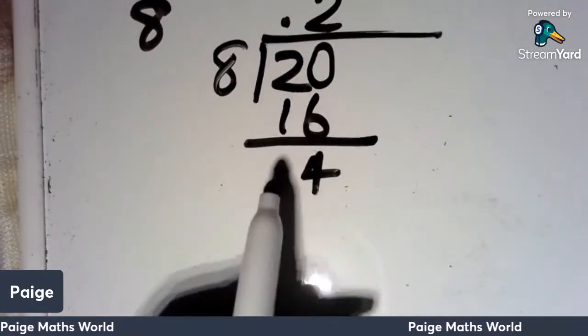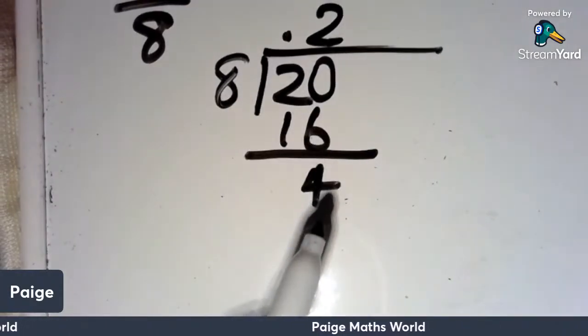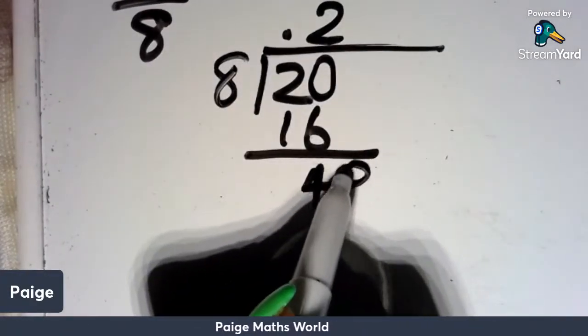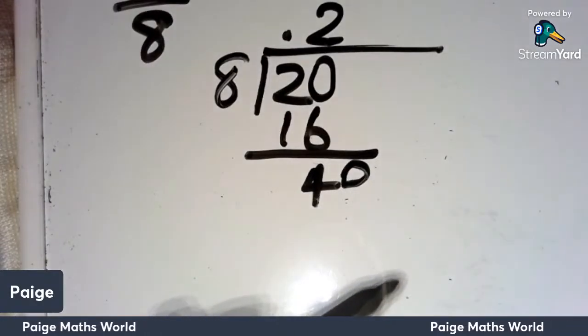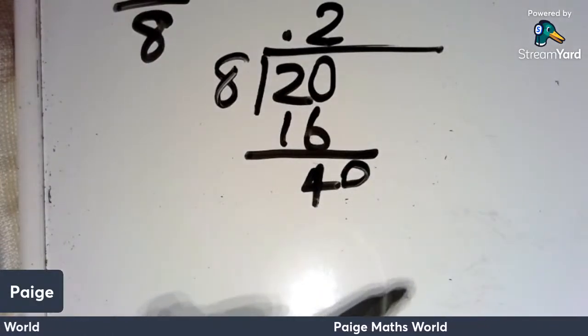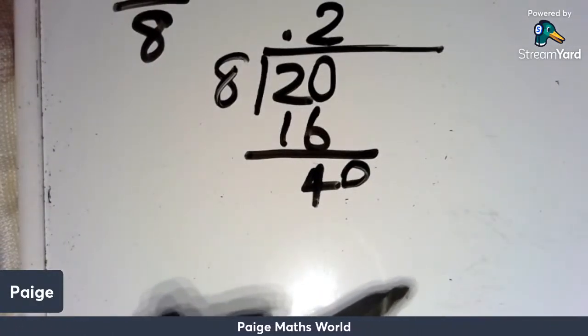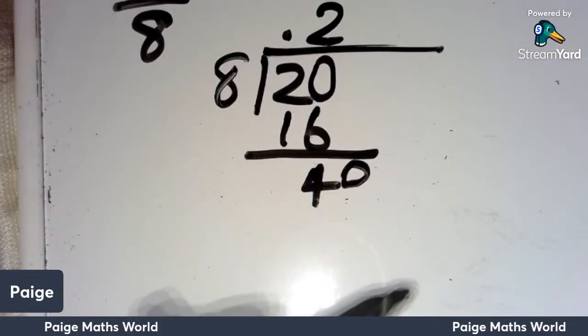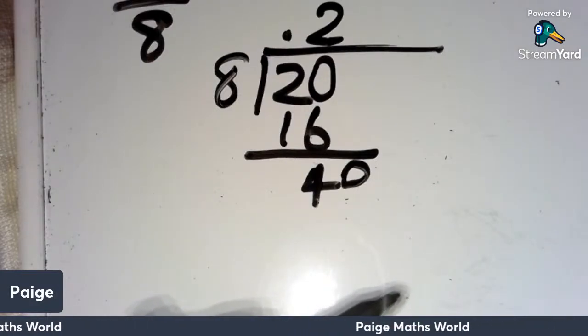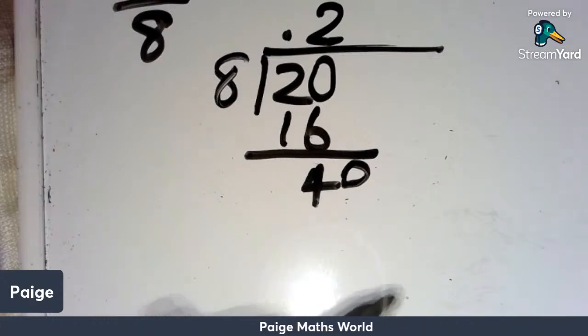And then you say 8 into 4, you can't, you add a 0. So 8 into 40, how many times can you get 8 from 40?